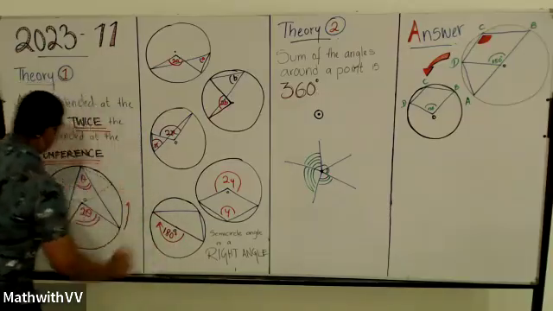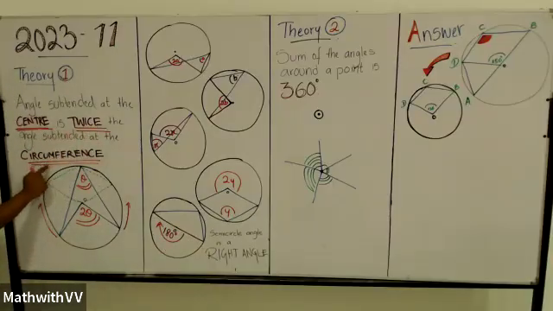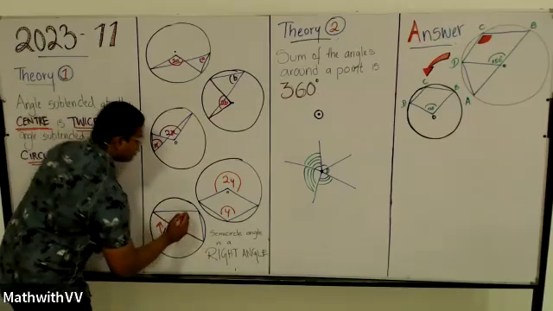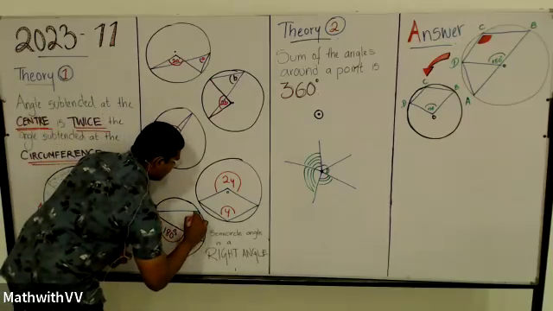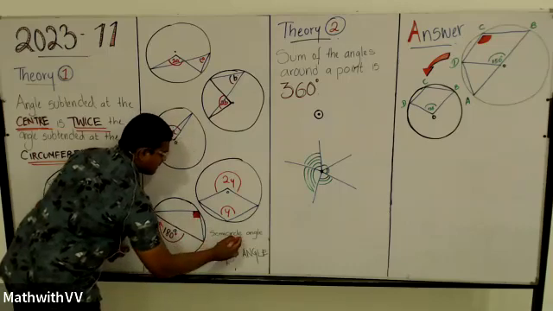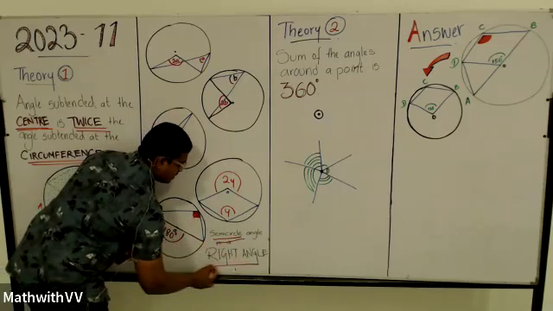The diameter is twice the angle at the circumference. If this is 180, this should be what? This should be 90 degrees. That's why we say the semicircle angle is a right angle.